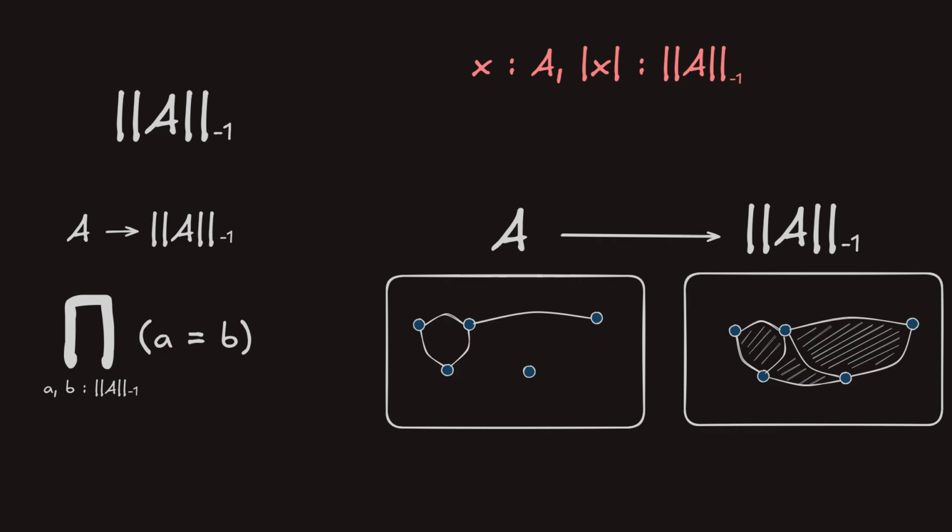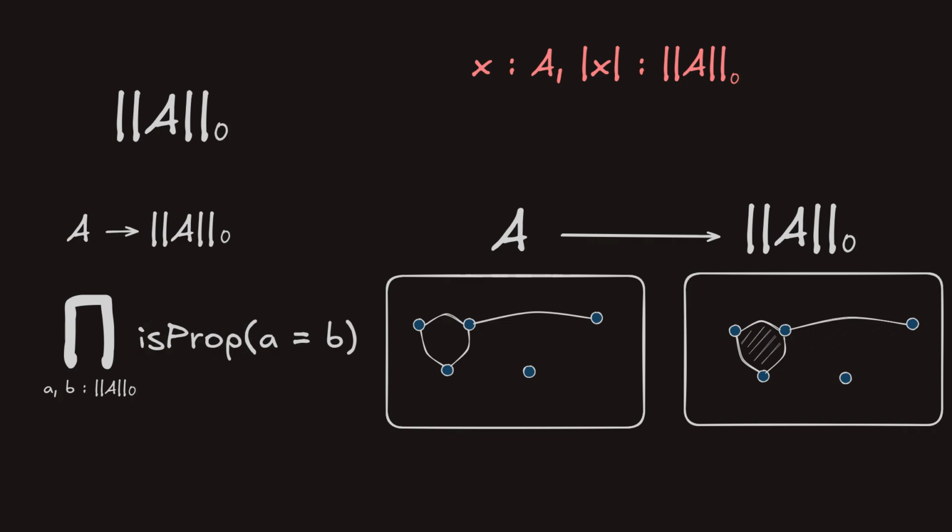Similarly, we have what is called a set truncation. Set truncations are just like propositional truncations, except that they turn a type into a set.